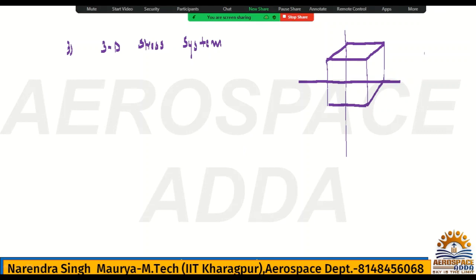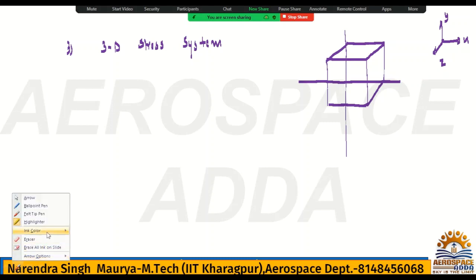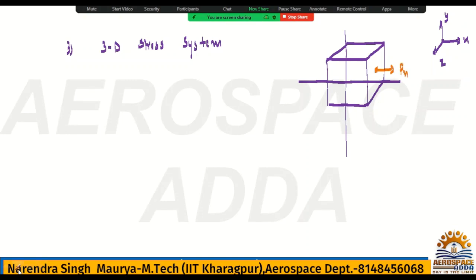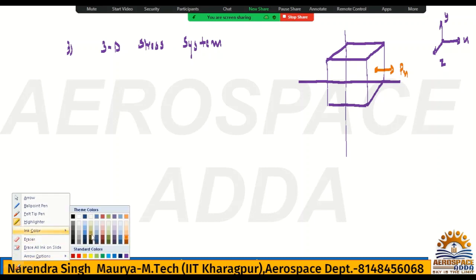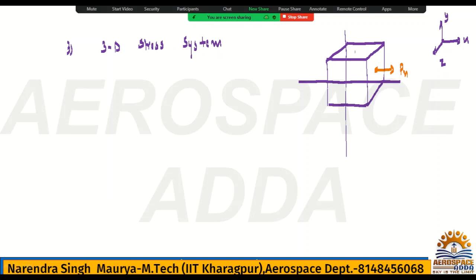So if you draw the axis system here, this is y, this is x, and this is z. Now if you apply the load in x direction, in y direction, so this is the x direction. On this face, suppose the load is px. Similarly, this is the y axis, and on this face the load acting is py.